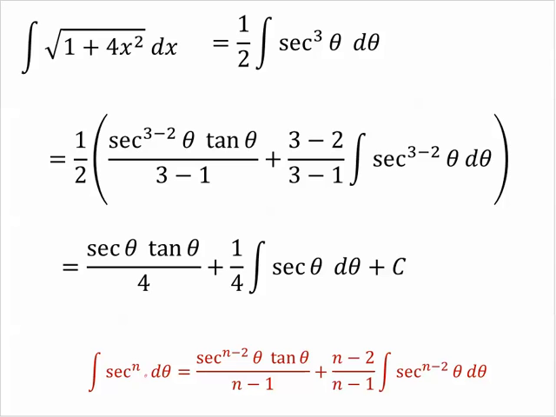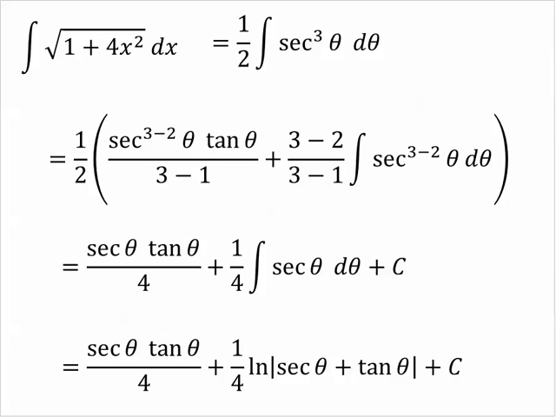And after you simplify, you see that most of your footwork has been done by the reduction formula. And all you have to do now is figure out what the antiderivative of secant is. Now that's just a basic antiderivative. The antiderivative of secant is log of secant plus tangent. So when the dust settles, this is what you get.